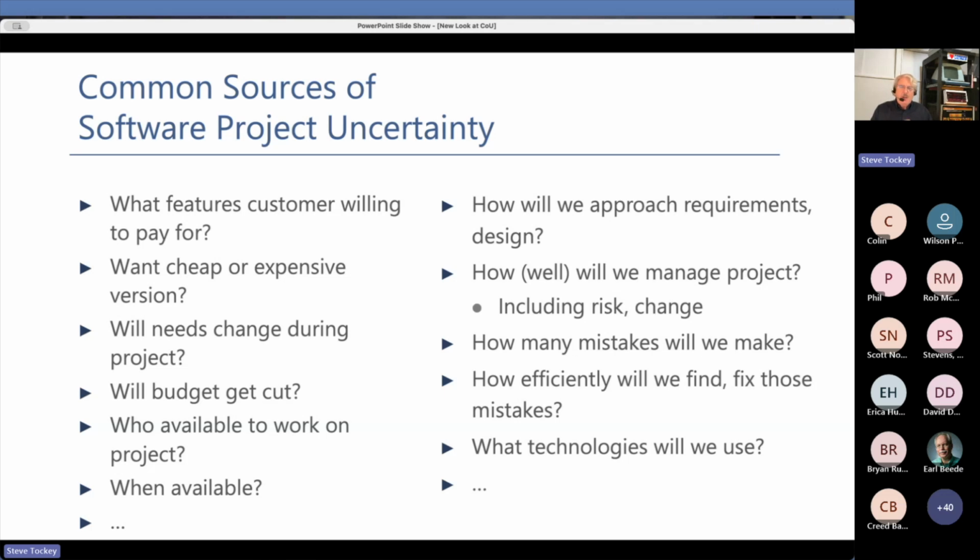And what we're showing here is that for software projects, on the left side, I have this set of things which are external factors. I have no control over these, and they throw some amount of uncertainty into the outcome.